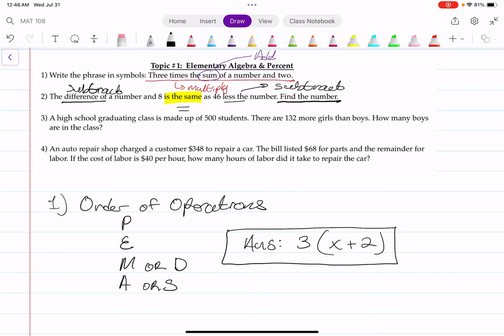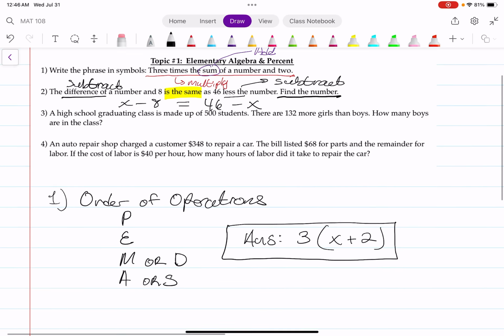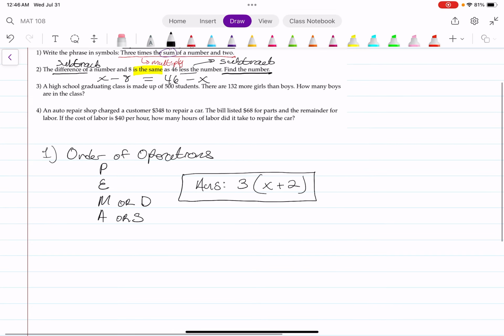So when I set up this equation, the difference of a number and 8, that is just x minus 8. 46 less the number, that's going to be 46 minus x. So I want to translate that below for number 2. x minus 8 equals 46 minus x. And we want to solve for x.